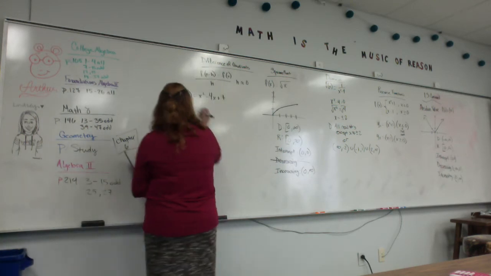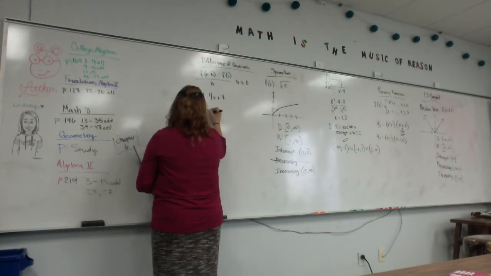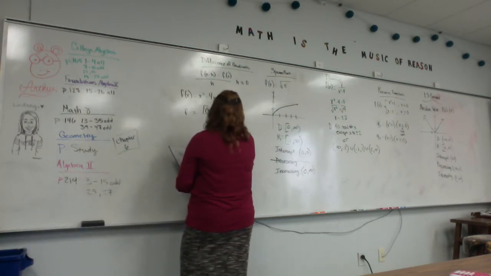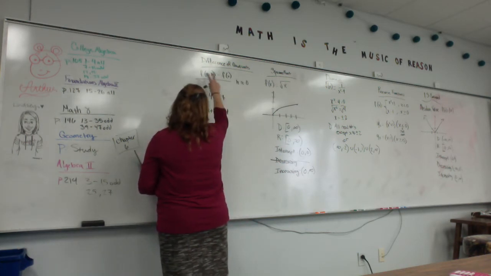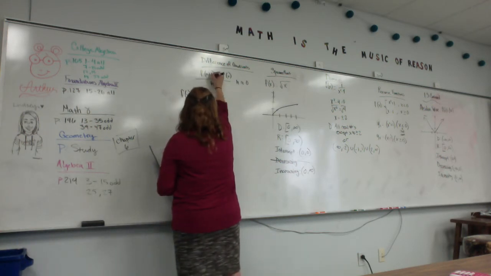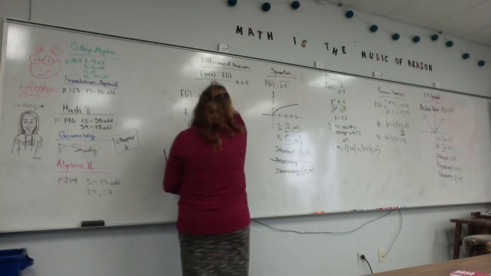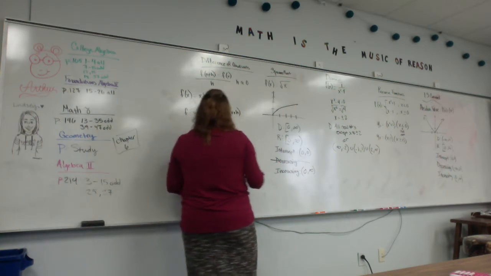So here's what ends up happening. You plug in f, it should say x plus h squared minus 4, because I'm plugging that equation where there is an x, so minus 4 times x plus h, plus 7.